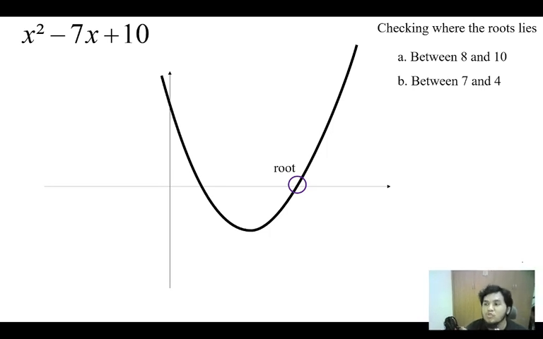Put that aside. Next, we move to the next part. We know from the graph that our roots lie here. Let's say I have one guess value, which is 8. I pick any random number; 8 is our first guess value. I will first draw a straight line up to the corresponding y for the x value.